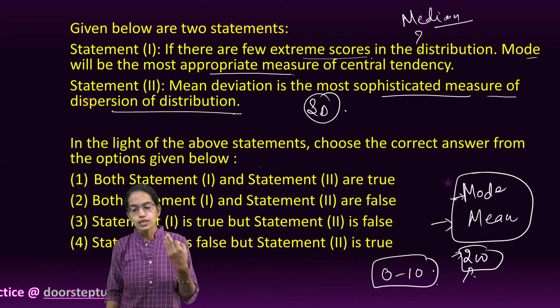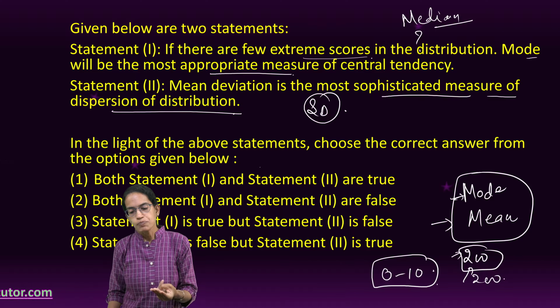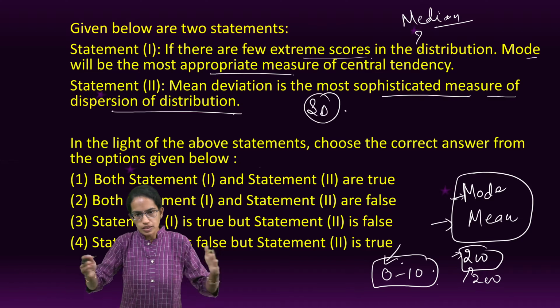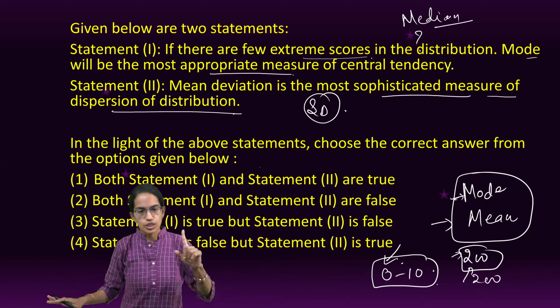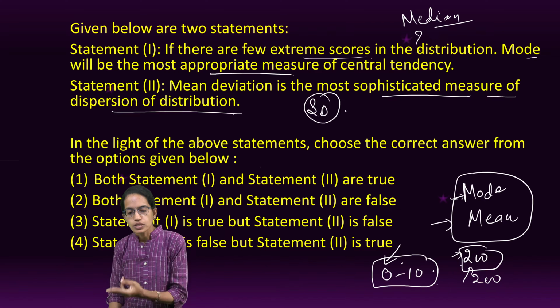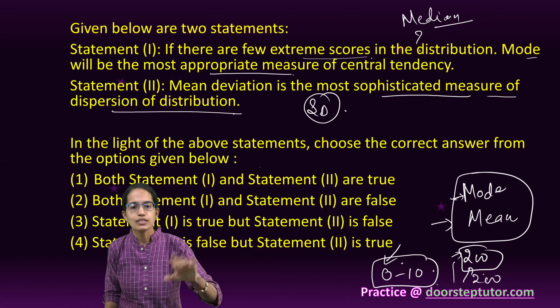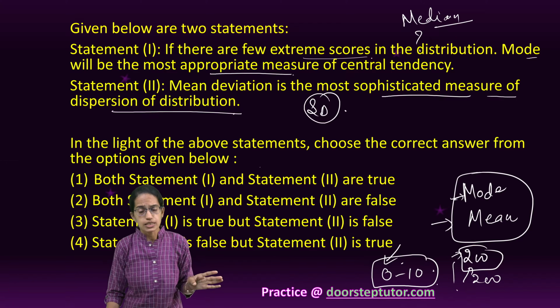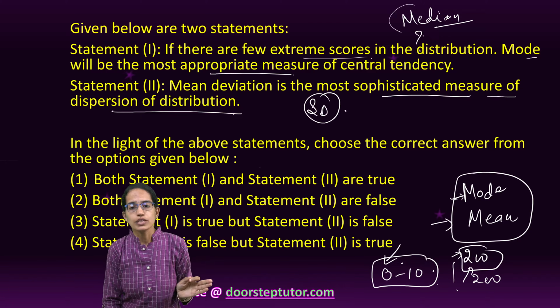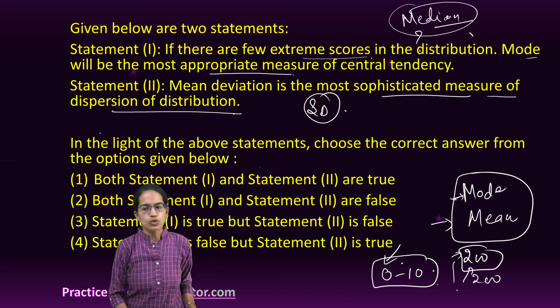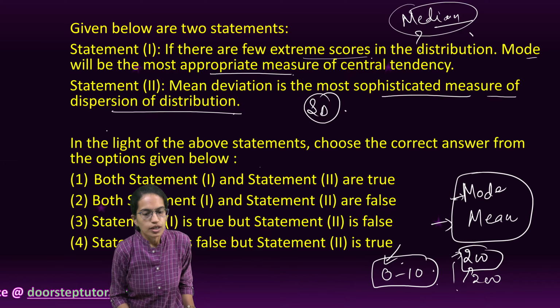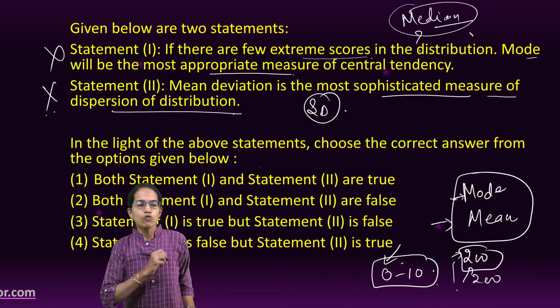Let's say there are only 3 values which are 200, but all other values between 0 to 10 are single values. Okay, so those 3 values in themselves could deviate the complete result. So in this case, the best option would be median. So here we would say that both the statements are false.